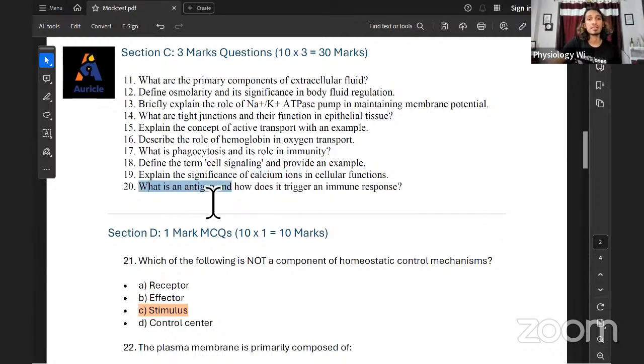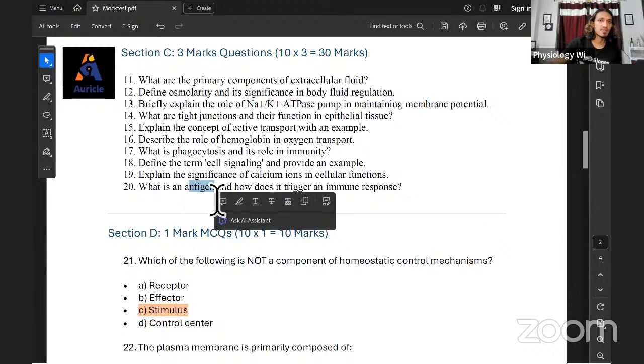Okay. Next is what is an antigen? So an antigen is usually a substance which evokes immunogenicity. Okay, so what happens is the substance is detected by your immune cells, and in response to that, immunogenicity is there.